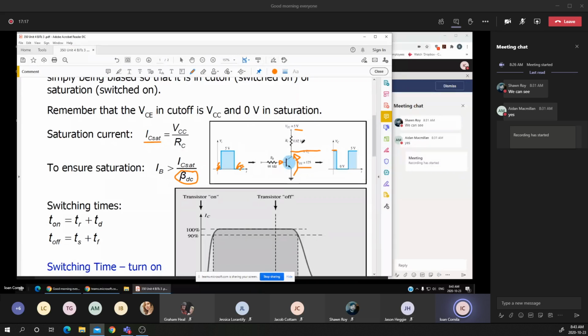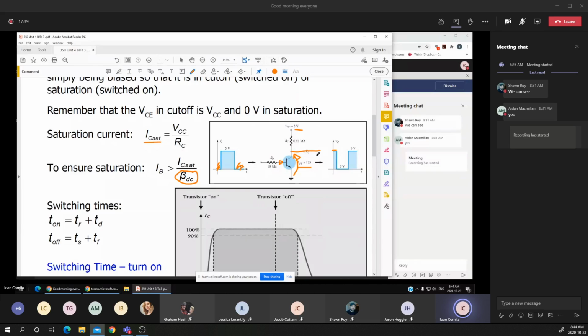Those two signals are opposite to each other. When I'm applying no voltage, I'm getting the highest voltage, which is the VCC. When I'm applying a voltage on the base, I'm getting 0 voltage. The transistor is working as a switch, but with an inverting function.